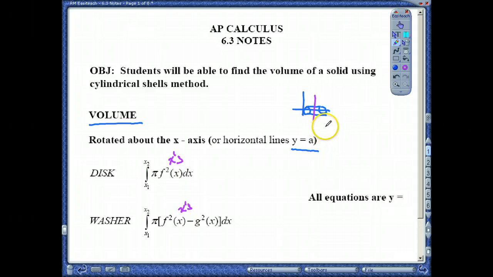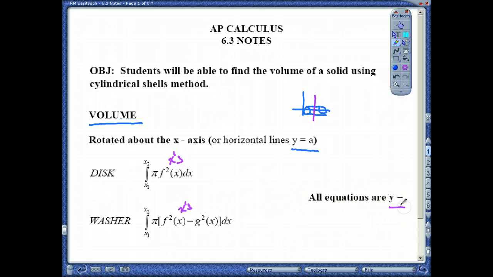When you got to the volume, I told you that you really had no choice. If it was about the x, you had to have x's. If it was about the y, you had to have y's. Well, it wasn't true. It was true at that moment in time, but now we're ready. We're a little older. We're a little wiser. We're ready to hear the full truth.